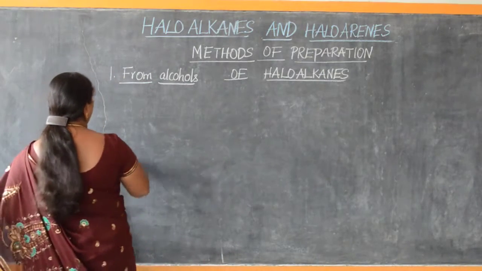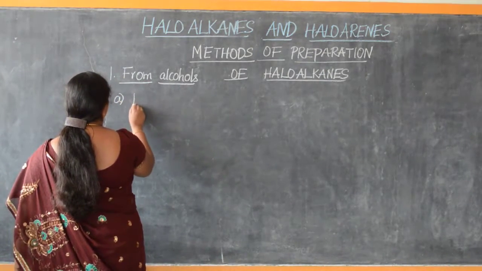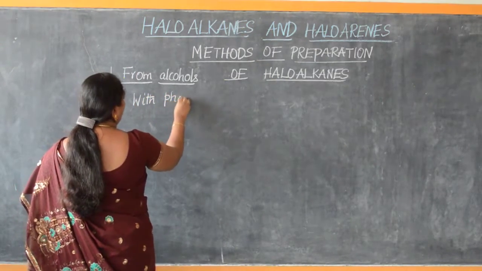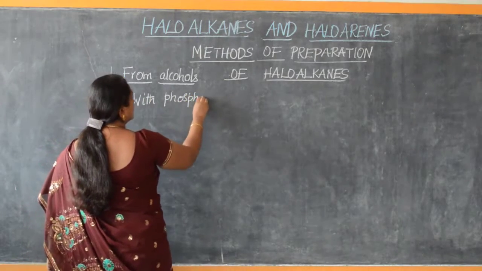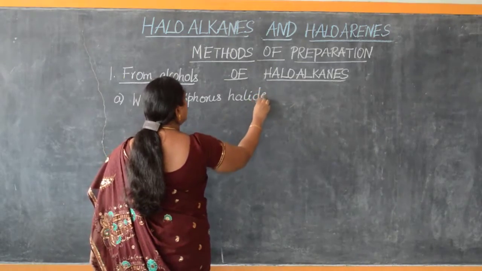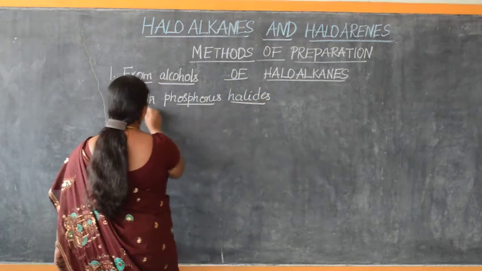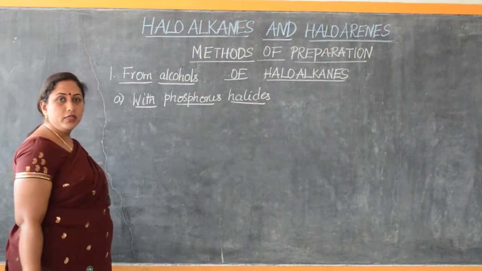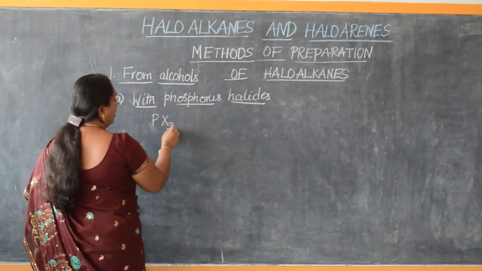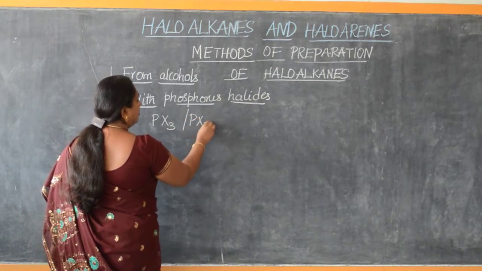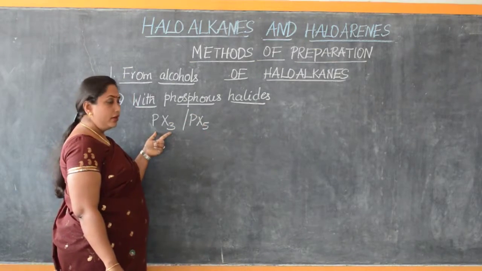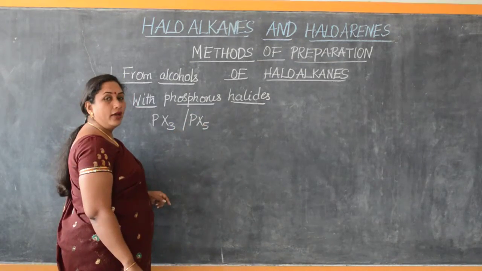Let us understand them. So, with phosphorus halides. When we talk about phosphorus halides, we come across two different types of phosphorus halides. Namely, phosphorus trihalide and phosphorus pentahalide.